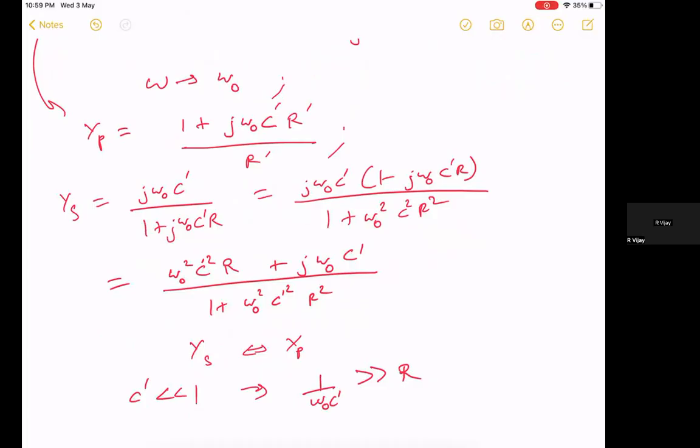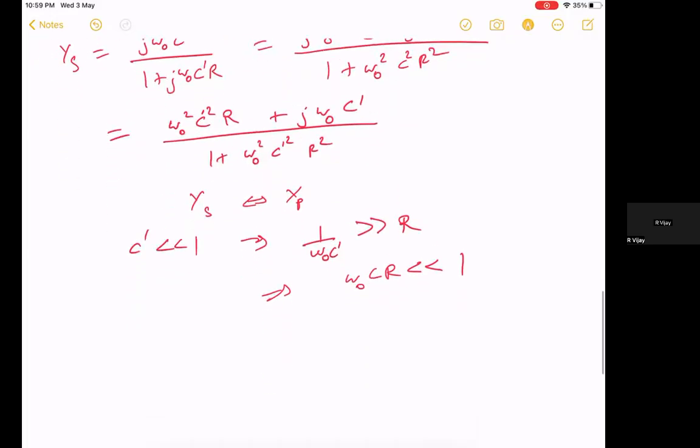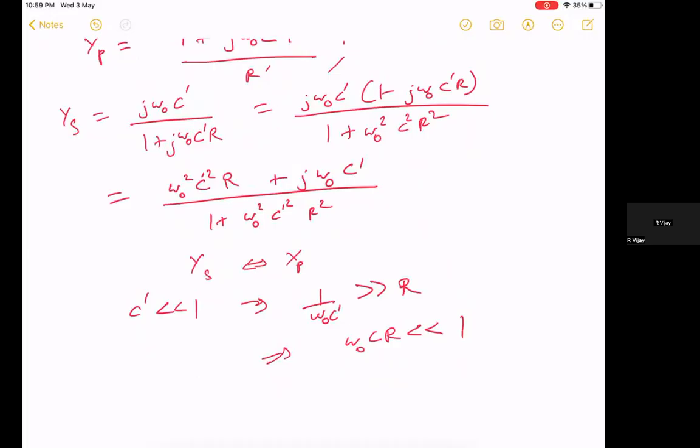And because C prime is small, that impedance is going to be much greater than 50 ohms. That's sort of the condition under which we are working. This essentially implies that omega naught C prime R is much less than 1. So essentially, we can now throw away some of these terms here in the denominator.